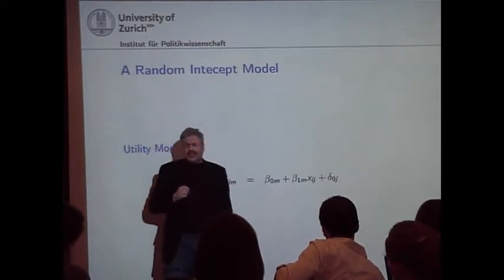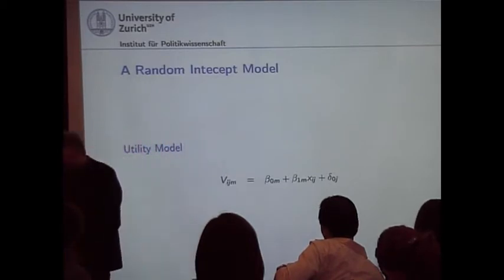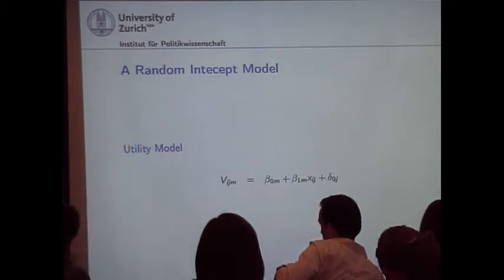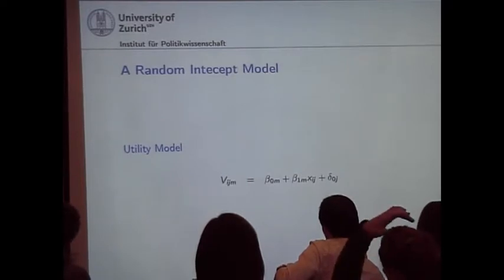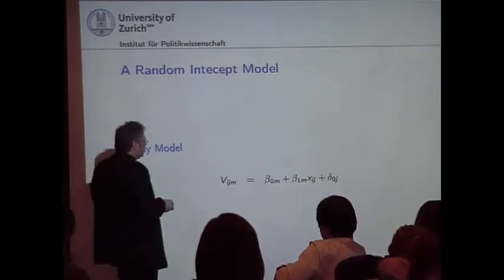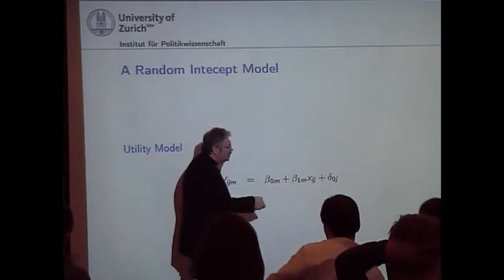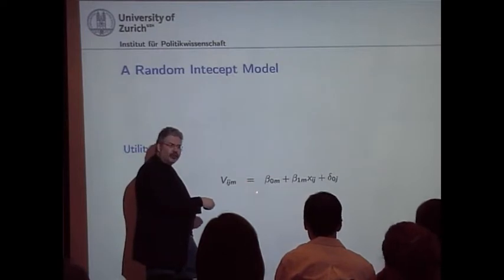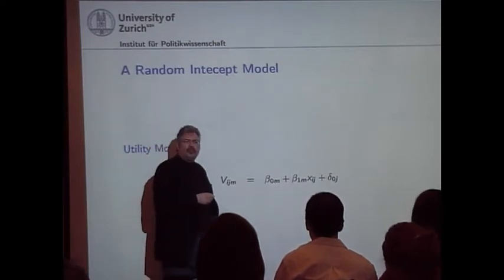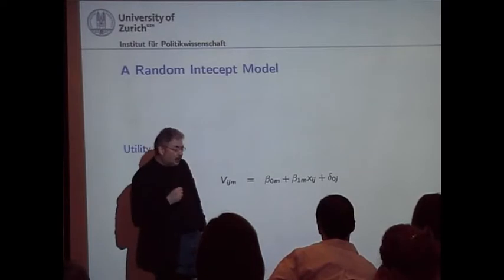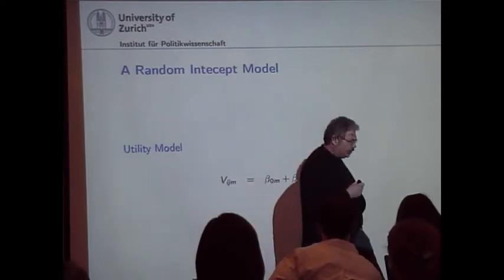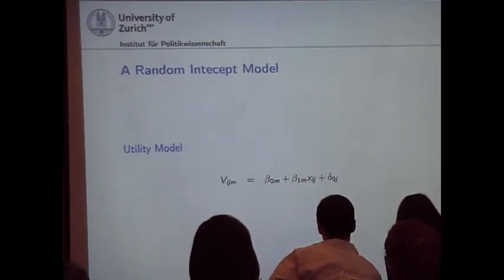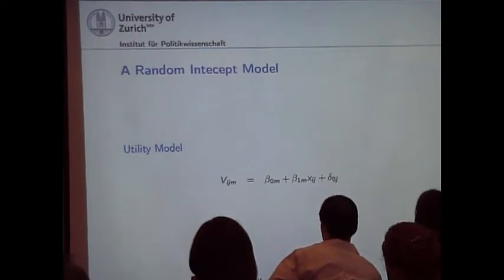We could make this actually a lot more complicated, although you can run into identification issues quite quickly, because what you could do is to say, well, this delta 0j varies also from one alternative to the next. You could do that, but you may end up with some problems getting it to converge. So we won't do that here. Just have this delta 0j.